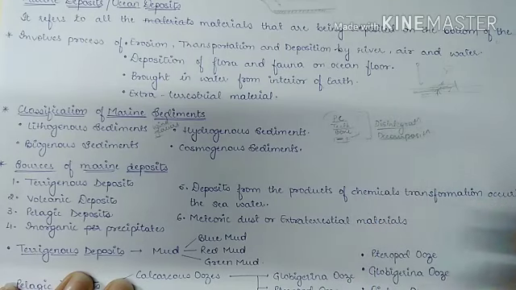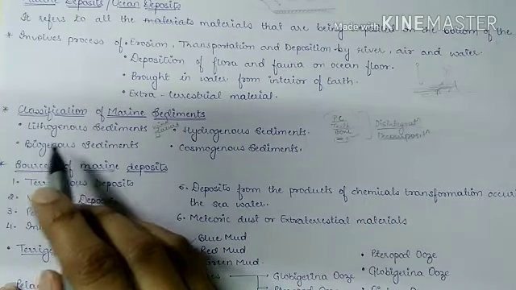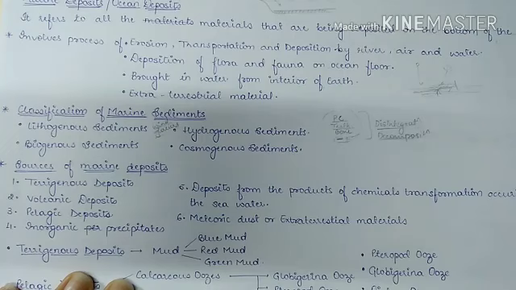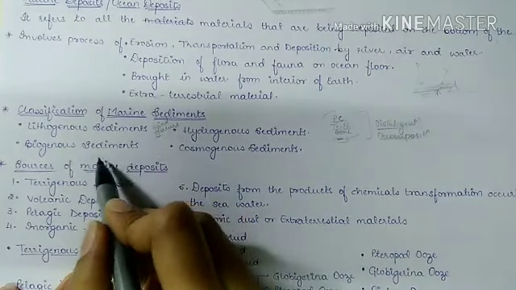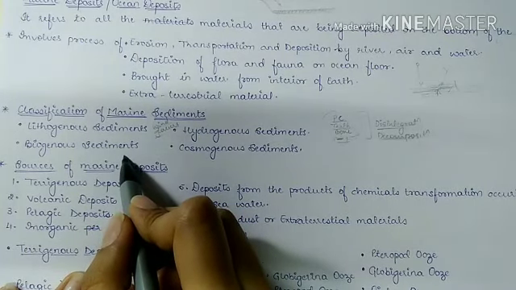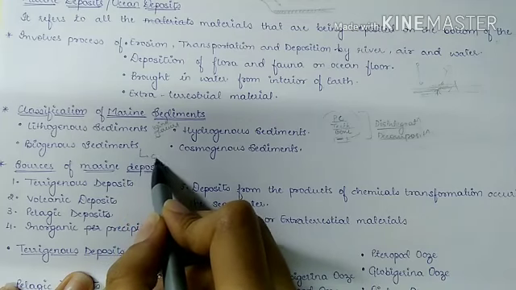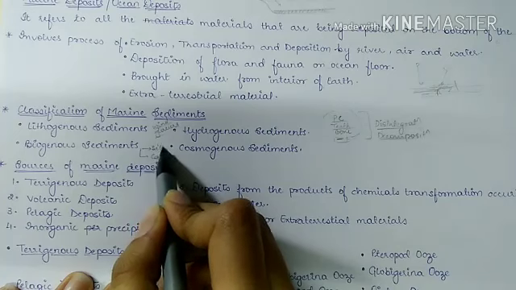So these insoluble remains of organisms comprise biogenous sediment, and they most commonly comprise calcium carbonate and silica, that is CaCO3 and SiO2.